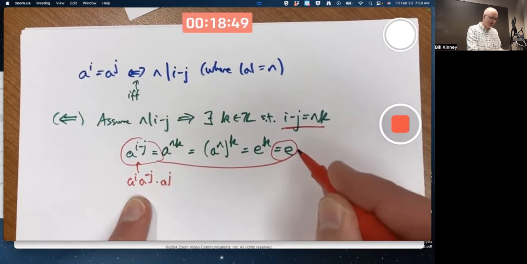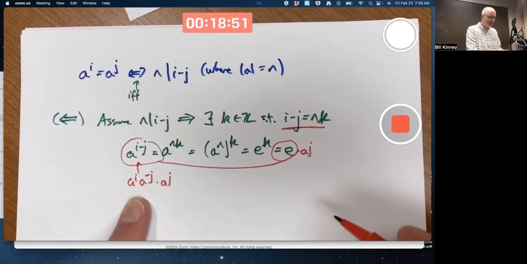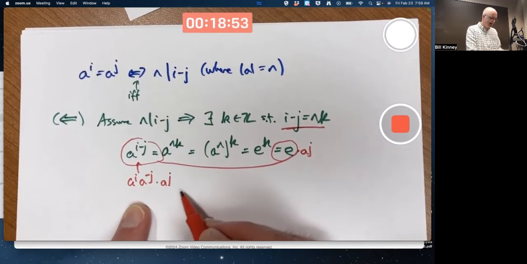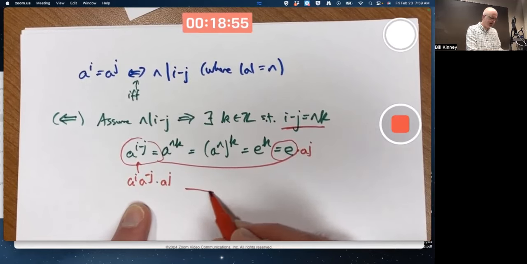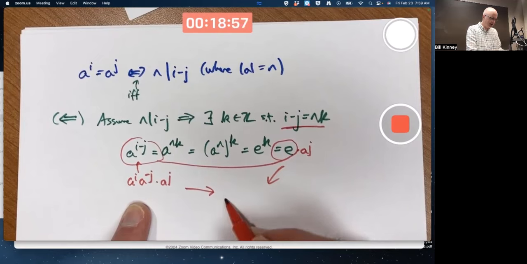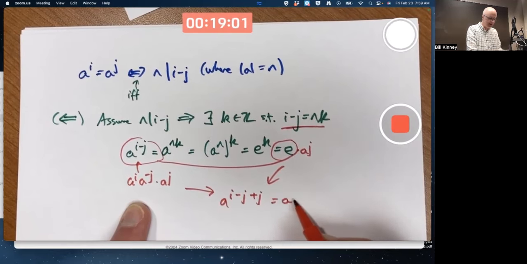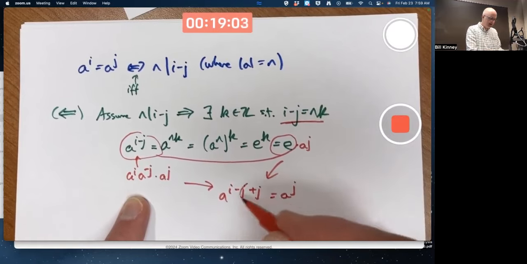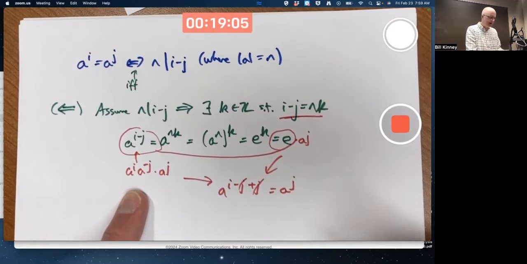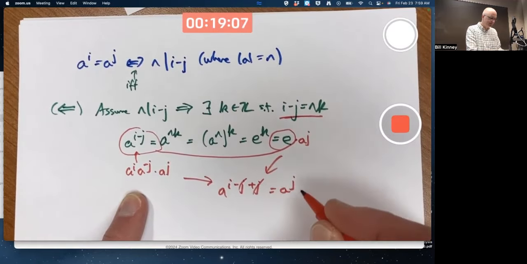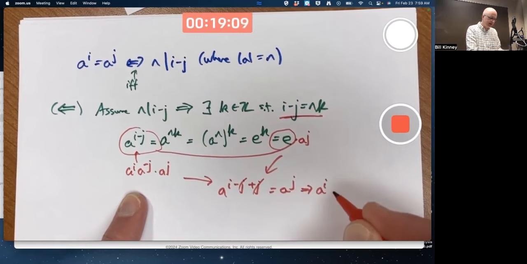Do it to one side, do it to the other. And then use the property of exponents again. That's going to simplify to a to the i minus j plus j equals a to the j. j and negative j cancel. You're left with a to the i equals a to the j.